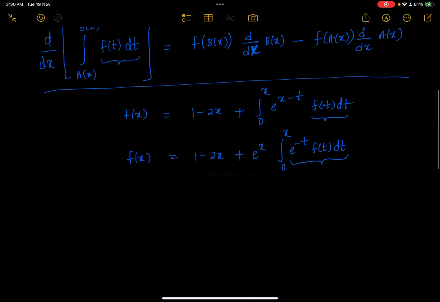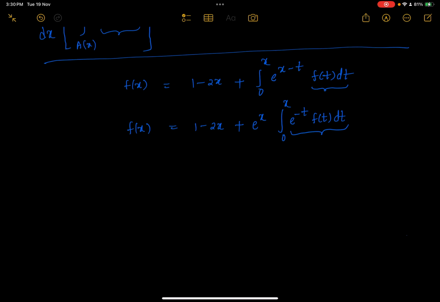Let us go ahead and differentiate this integral equation on both sides. The left hand side will be f dash of x, that is equal to, differentiation of 1 is 0, differentiation of minus 2x is minus 2, plus, this is a function of x and this is a function of x, so this whole term is a function of x. We have to apply the product rule of differentiation here.